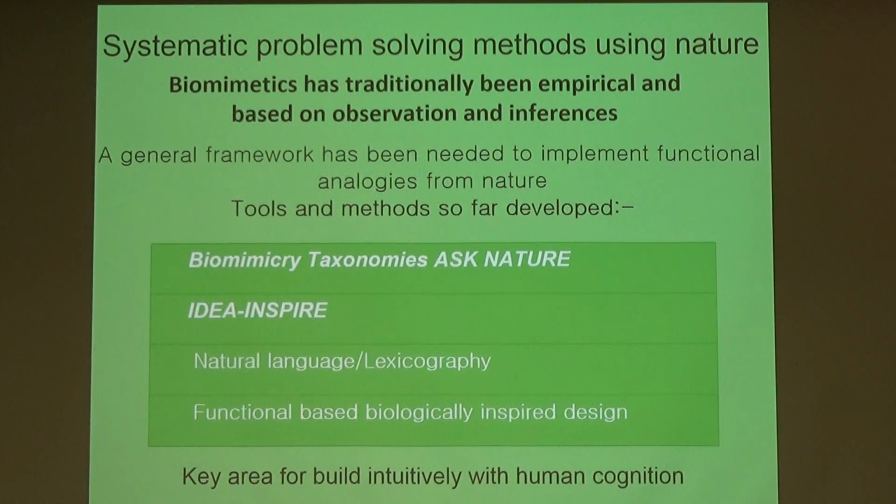And then you can access that database and find a similar kind of solution to the problem that you're trying to solve, the way nature has previously solved it. There's quite a few of these, and they're quite mathematical, and I'm not going to go into them.